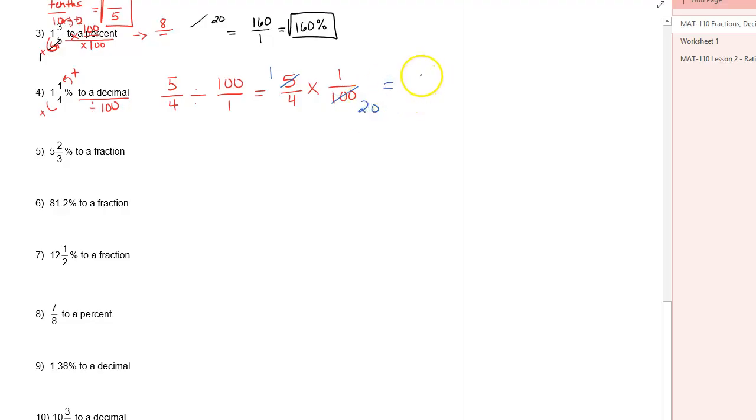And so that's going to give me 1/80. And now if I divide this in the calculator, 1 divided by 80 is going to give me 0.0125.